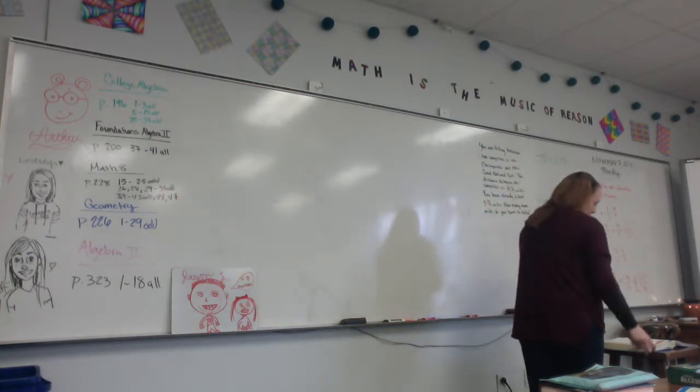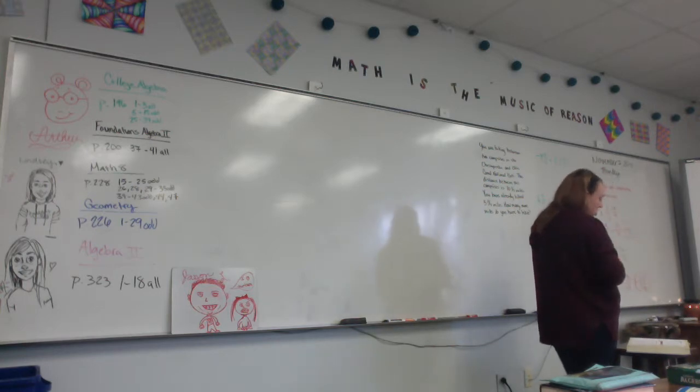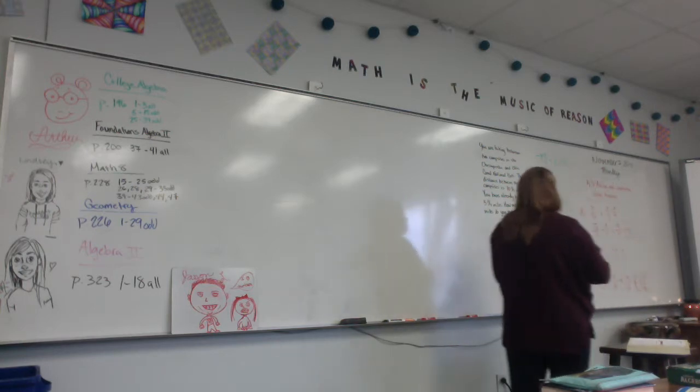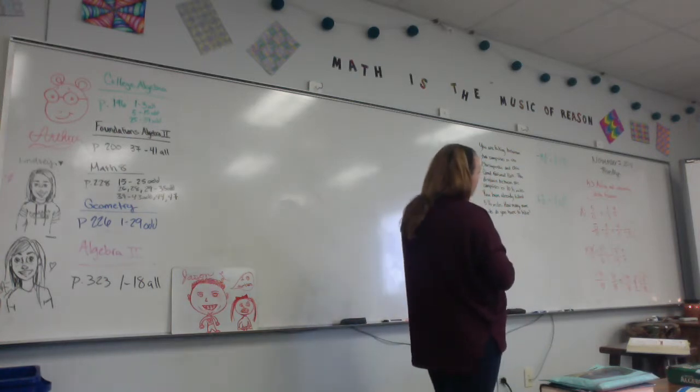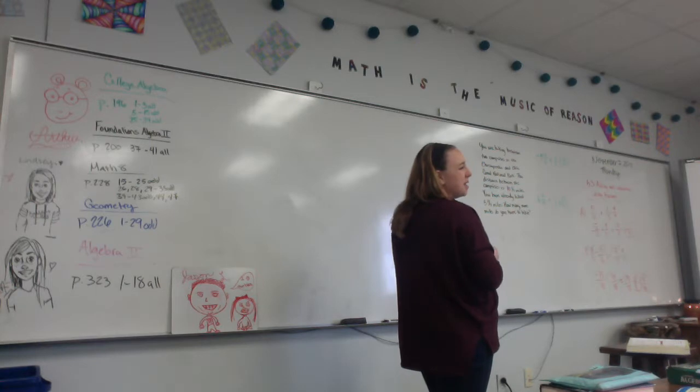Would you change them all to improper fractions first? I can change them all to improper fractions and work from there, or I can just change the fraction and work from there. It just depends.